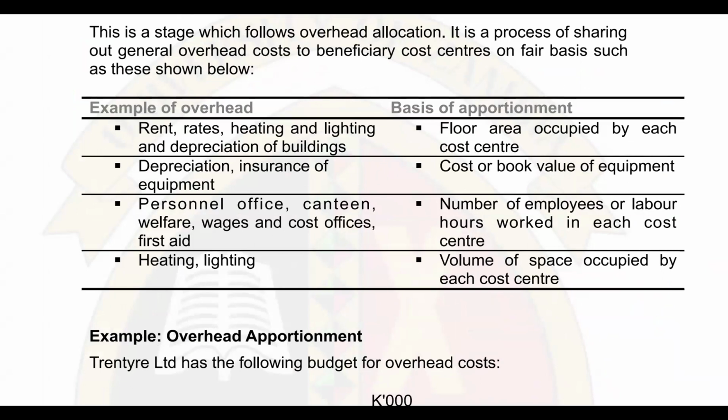The overheads such as rent, rates, heating, and lighting, depreciation of buildings or depreciation of factories, the most appropriate basis of apportionment used is the floor area occupied. Is that clear?